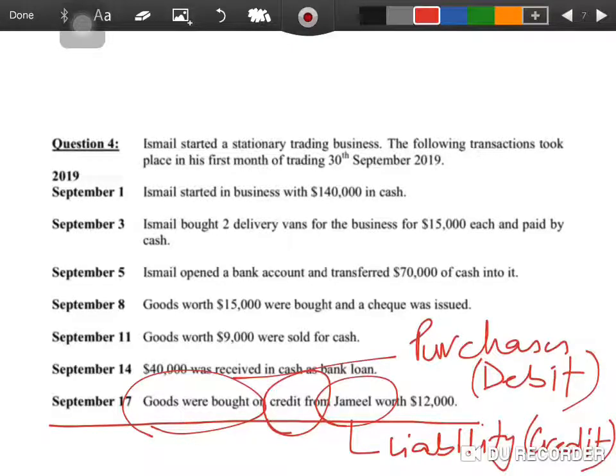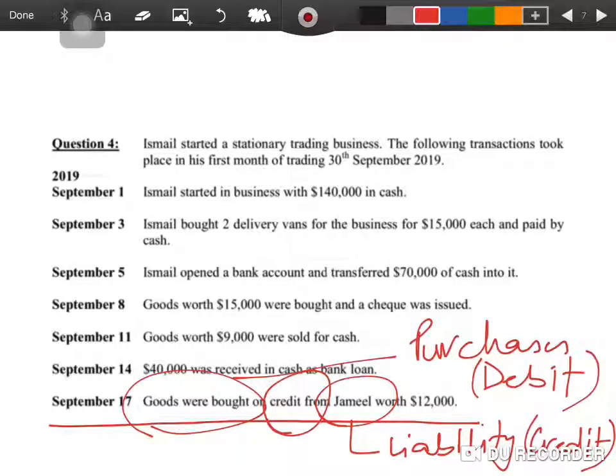Okay, so you could say that Jamil has now become an accounts payable for you or a creditor for you. In another video, we'll also have a look at in detail what debtors are and what creditors are. So in this case, you owe the money to Jamil. So one T account involved is going to be purchases, and the other account is going to be Jamil.